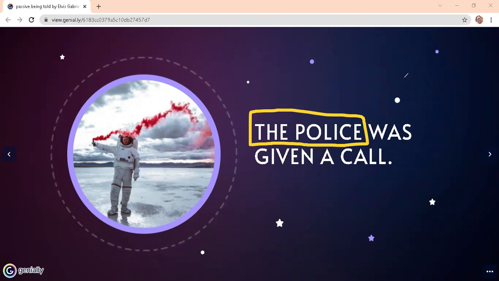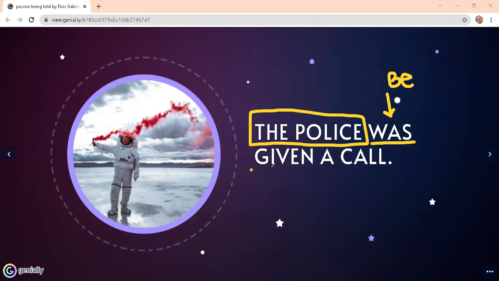But there is another feature of passive voice sentences, and this is that we need to use a form of the verb to be all the time. In this case, we're using was. And after the verb to be, we are going to need a past participle verb. In this case, given.